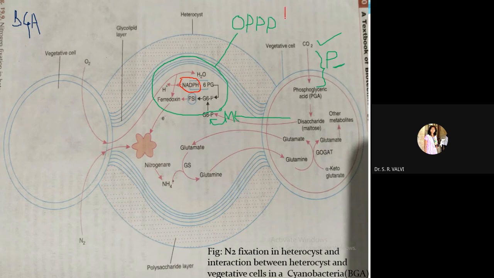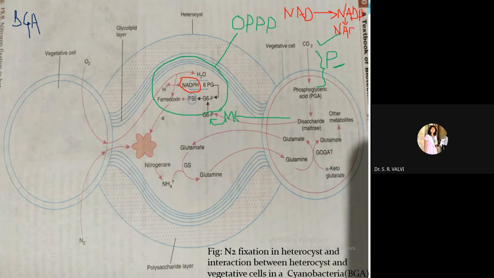Suppose this NADPH gets converted into NADP, right? And NADP, when it gets one hydrogen atom, gets converted into NADPH, right?